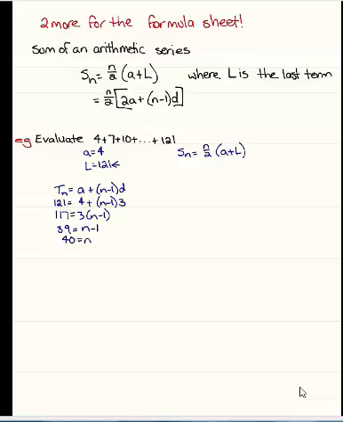Now that we know what n is, we can substitute that back up into our formula. So the sum to 40 is equal to 40 over 2 outside of the first term, 4, plus the last term, 121. That just goes straight into your calculator. It tells you that the sum of the terms up to 121 is 2,500. That's how we use the first formula.